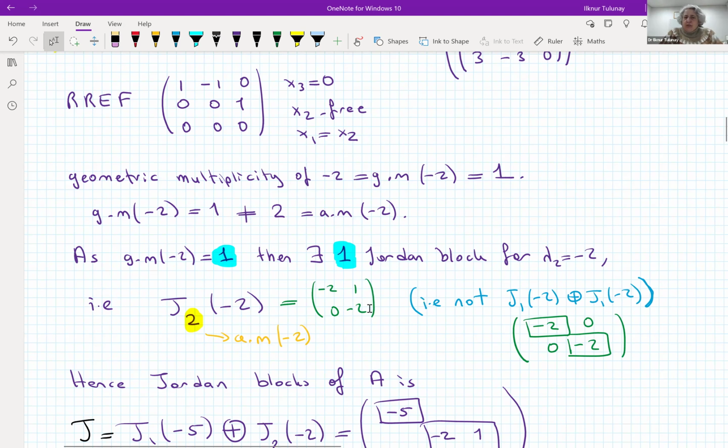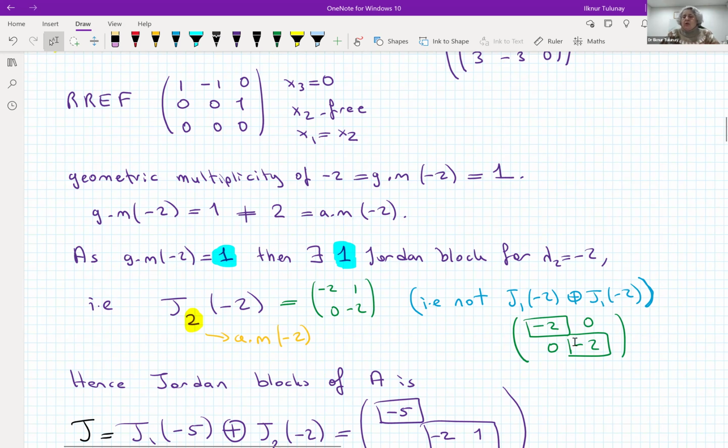Another option for -2: if the algebraic multiplicity and the geometric multiplicity were both 2, then the blocks would be split. We could separate the blocks as we've done here. It would be just one block of -2 and another block of -2.